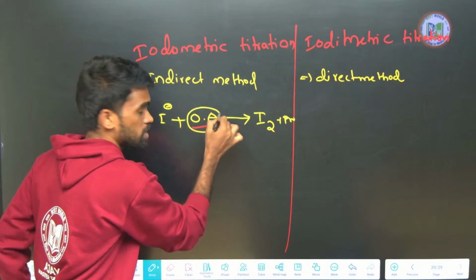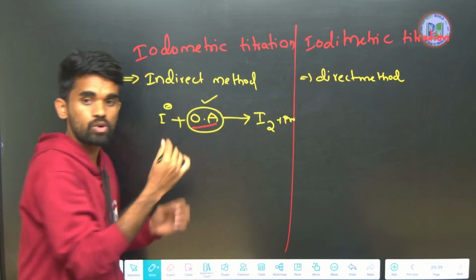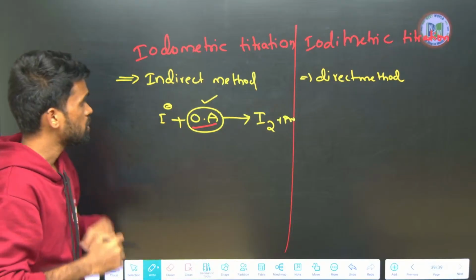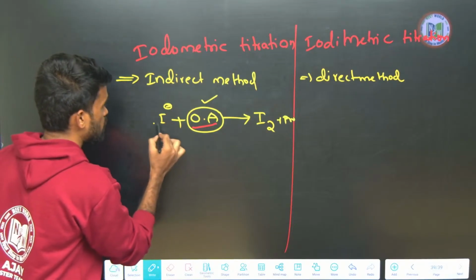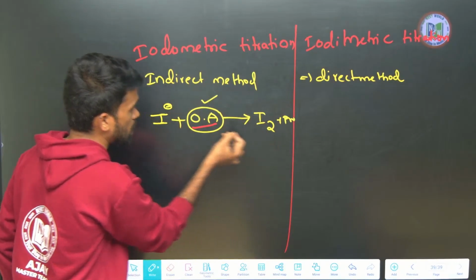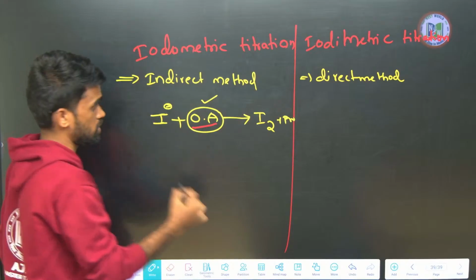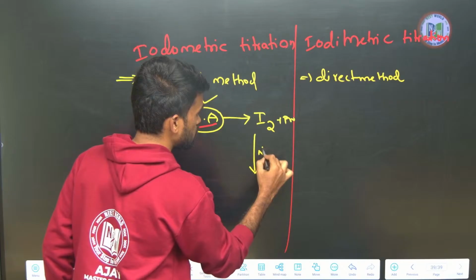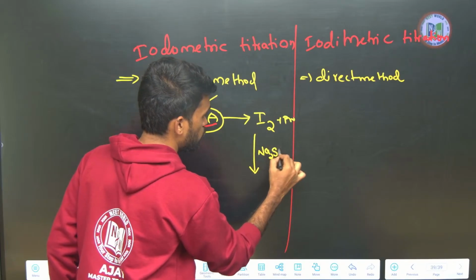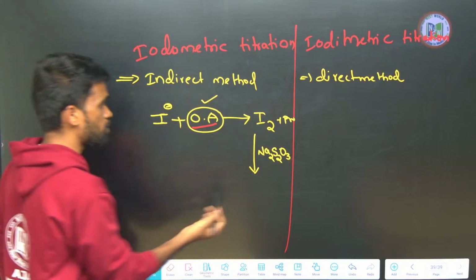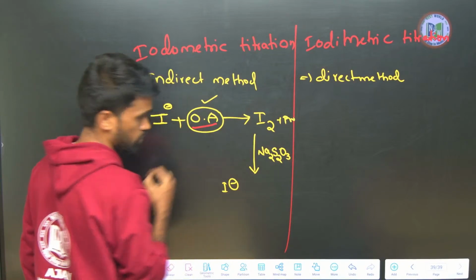Here we are taking an oxidizing agent whose strength, that is, its concentration, we are going to calculate. So whatever iodide ion we have taken will be converted into I2 with the help of the oxidizing agent. Now this iodine is further titrated with hypo solution, Na2S2O3 is called hypo. So now what happens? Again that will form iodide ion.